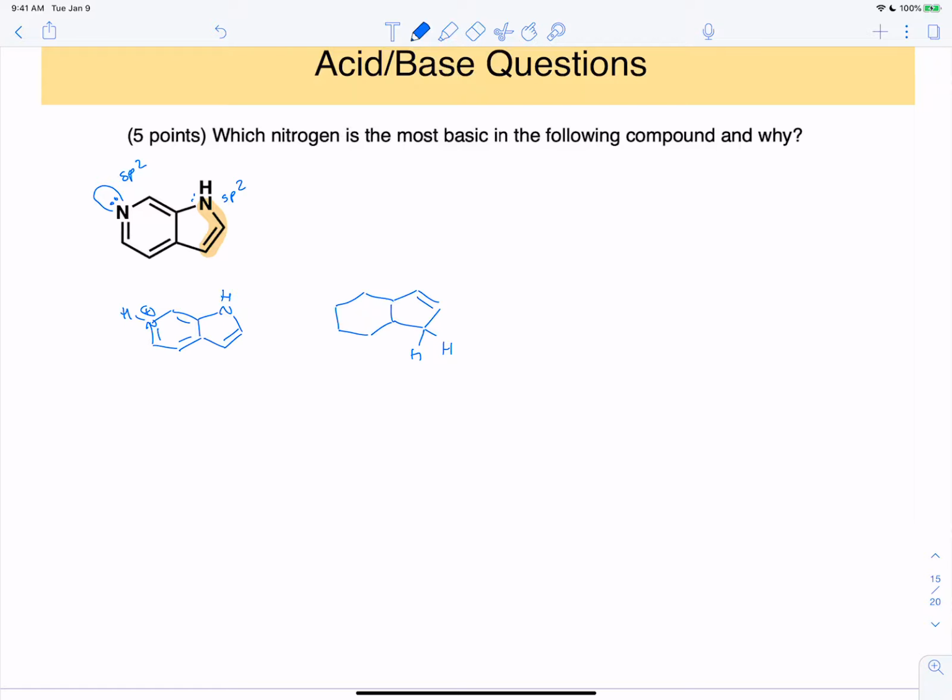But even if you drew it on the nitrogen, you'd get the same effect: protonation of either that carbon or the nitrogen would lead to loss of some aromaticity. So on that basis alone, that helps us select this nitrogen as being our best option to use as a base.